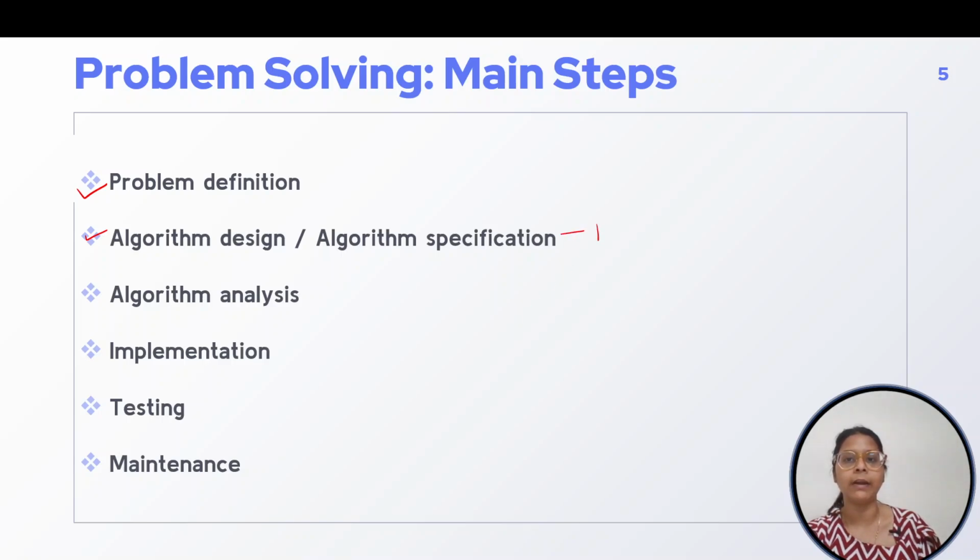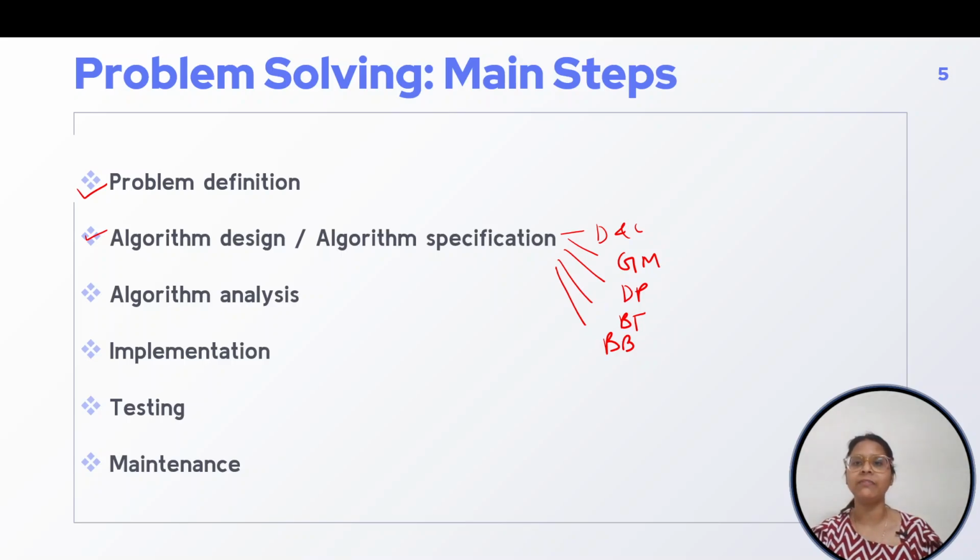For example, divide and conquer, greedy methods, dynamic programming, backtracking and branch and bound. These are predefined designing techniques. You can even create your own also, that will lead to solutions to a problem.